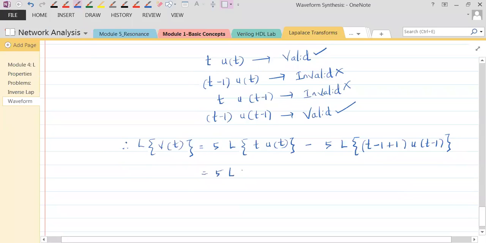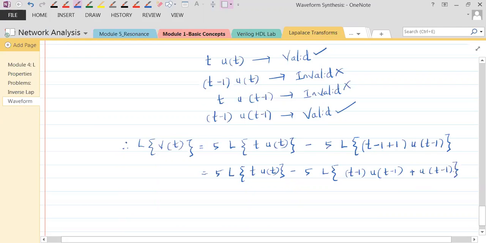5 into Laplace transform of t u of t. Okay, 5 into Laplace transform of this t minus this; we can write this as t minus 1 into u of t minus 1, plus, or minus... this would become plus rather, u of t minus 1.